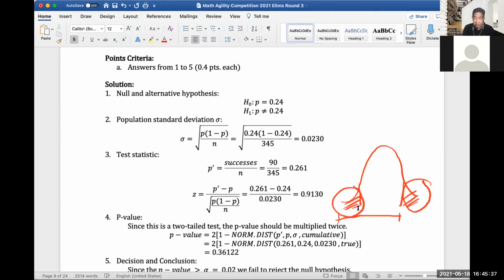So the p-value is 2 times the quantity of 1 minus norm dist. This is the command from Excel.